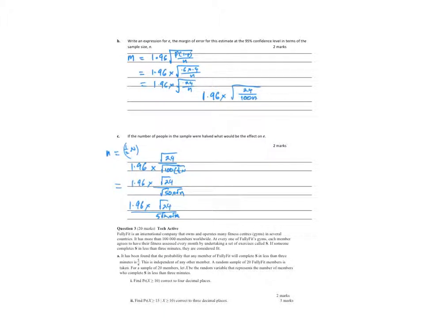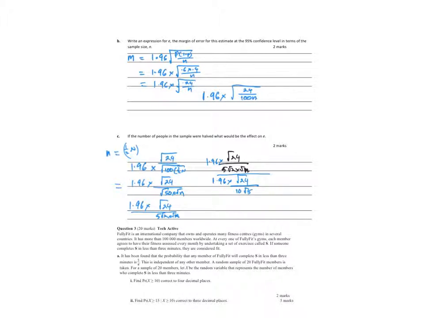So what if we compare the original error, and we'll divide them and just work out what sort of a change that is. So my new error is root 24 over 5 root 2 times root n. And if I consider my original error, let's tidy that up a bit. Obviously it's 1.96 times root 24 over, well, the square root of 100 is 10 root n.